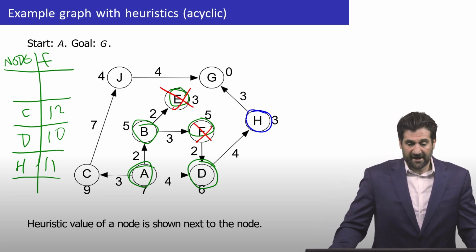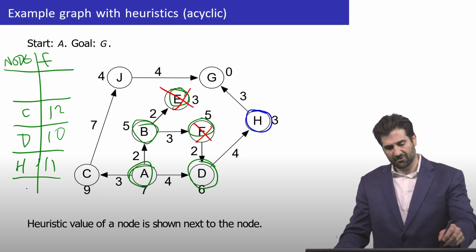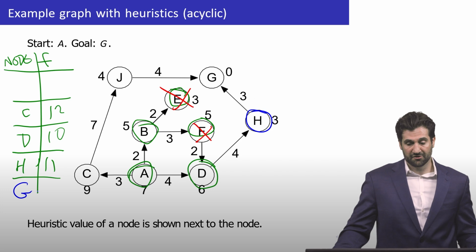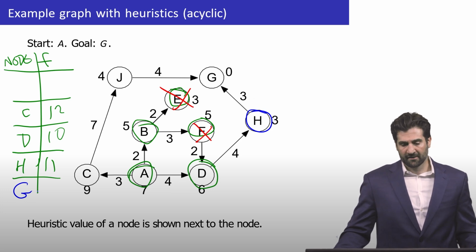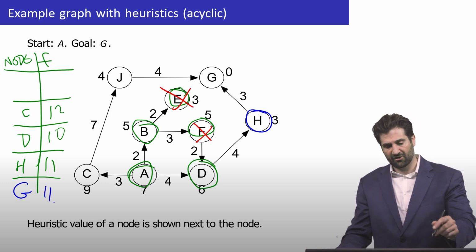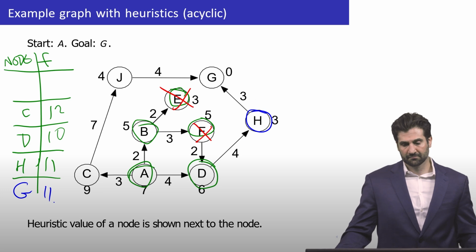Then what do we add next? Well, we add G. So going to node G through H. Now, it turns out that to get to node G through H, we have a cost of 11.